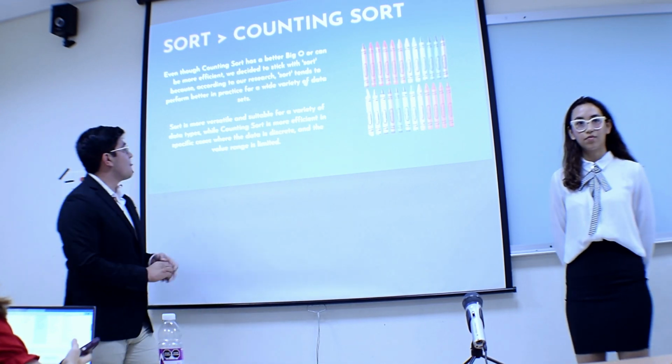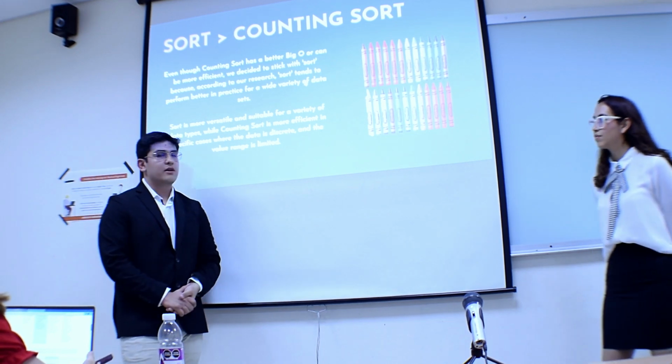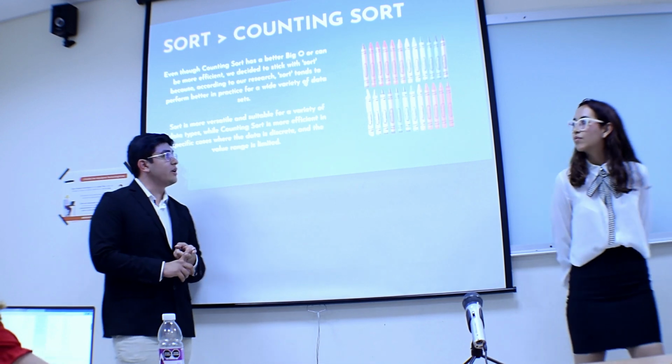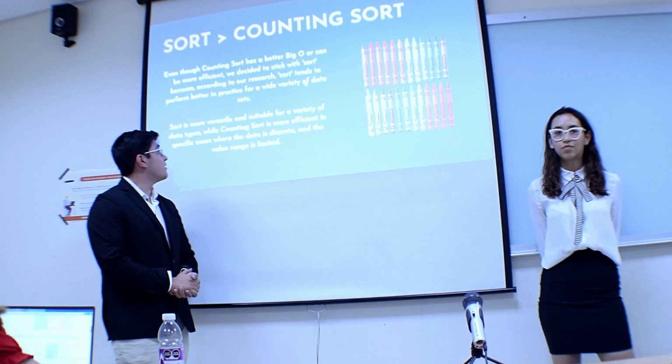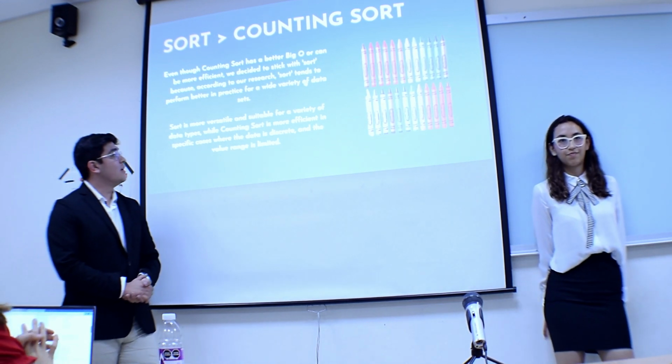The other sort is more versatile and suitable for a variety of data types. In this algorithm, we have int, string, and date. So we thought that sort was a better idea for this project.